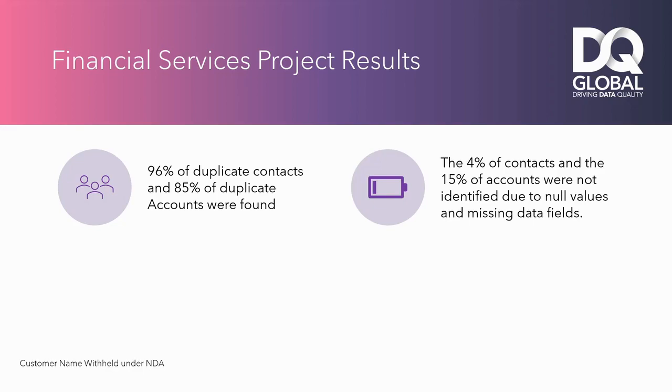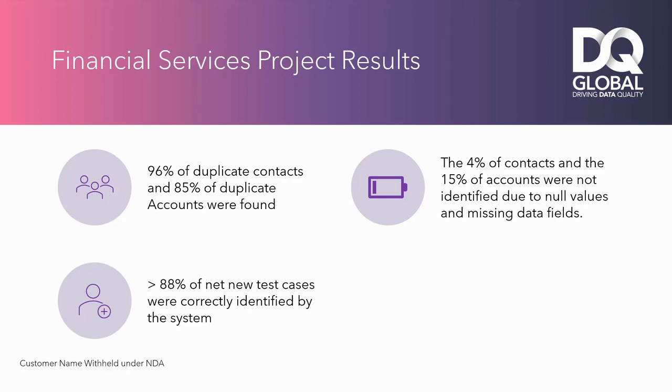And they actually found that 4% of the contacts, which is the difference between 96 and 100%, and 15% of the accounts were not identified due to null values and missing data fields. So if they were to be populated, then it would have brought those matching figures on the left-hand side up to 100%.